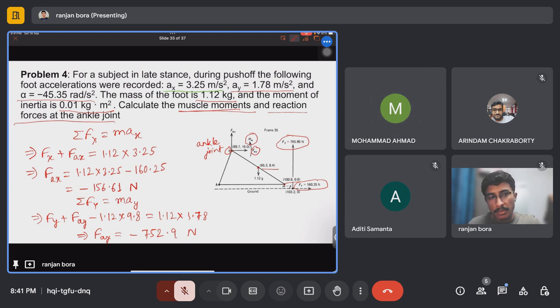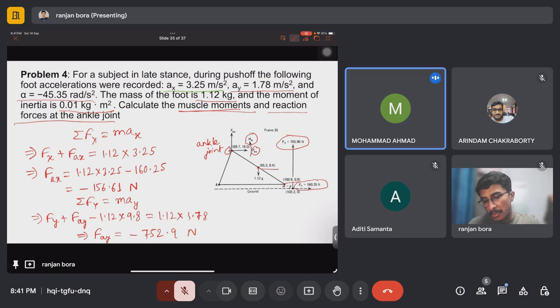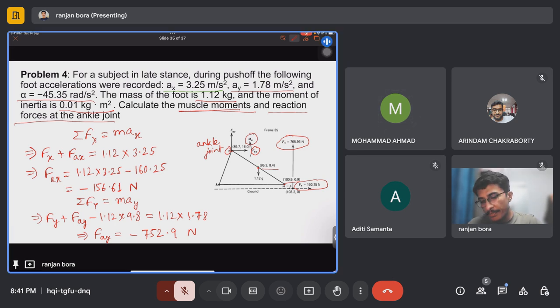because in the question it is given the moment of inertia of the foot is 0.01 kg m squared. This moment of inertia is about the CG, meaning the CG of the foot is here.